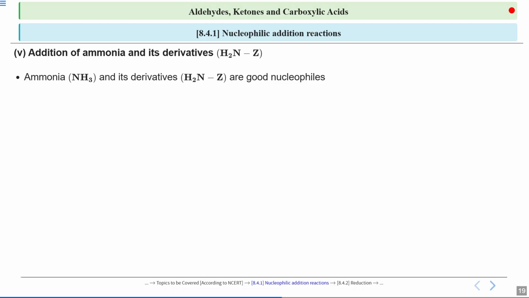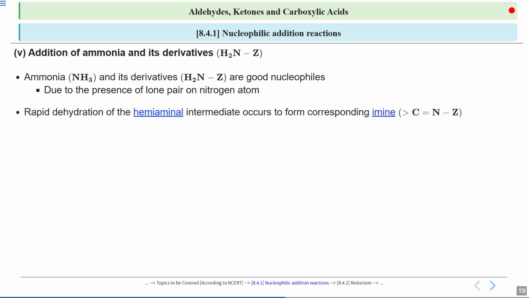And how do they donate? We know that on nitrogen there are lone pairs. So because of the presence of a lone pair on the nitrogen atom, they act as excellent nucleophiles. Now what happens when ammonia or its derivative reacts with a carbonyl compound? They initially form a hemiaminal intermediate.